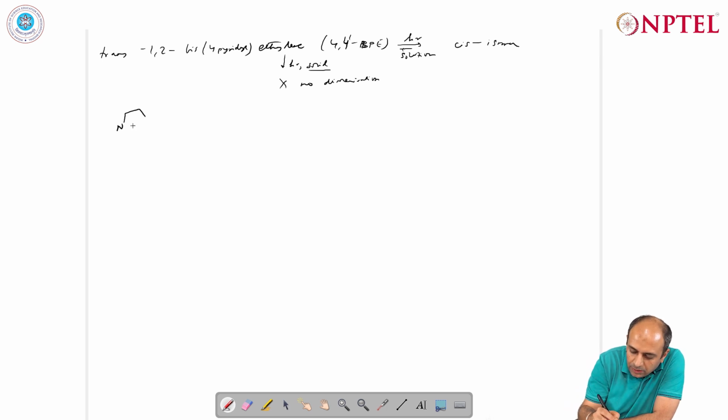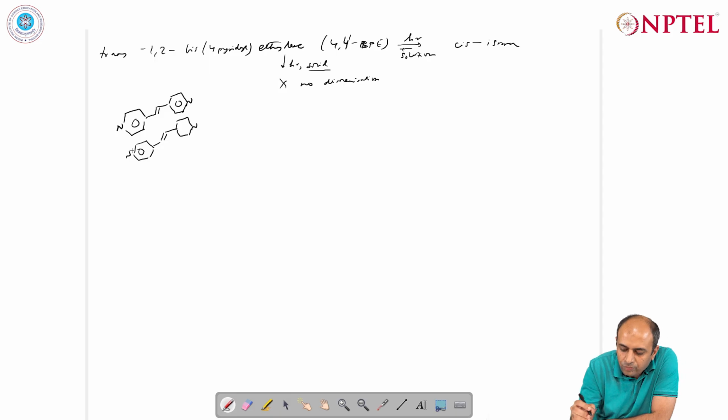So let us take this particular example. They have to come close to each other for them to react, and this arrangement is not there in the case of the parent compound.